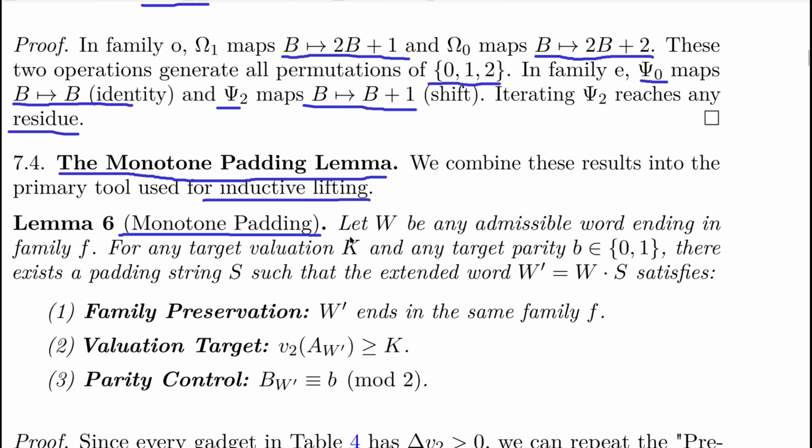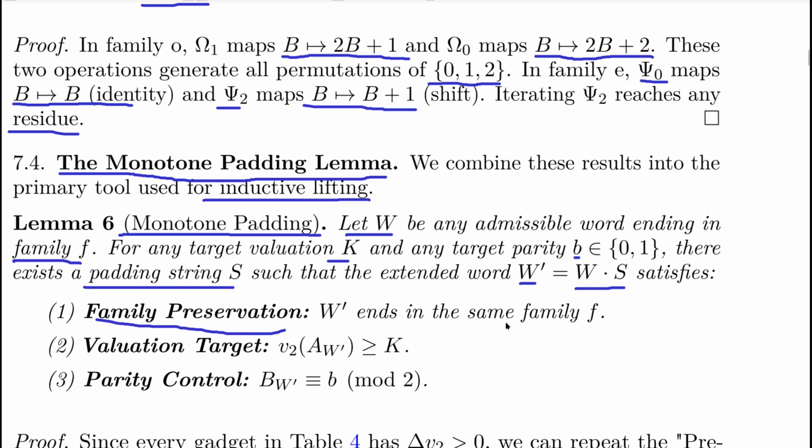Let W be any admissible word ending in family F, where F is O or E. For any target valuation K and any target parity B, which is either 0 or 1, there exists a padding string S such that the extended word W prime, which is equal to W dot S, satisfies family preservation.